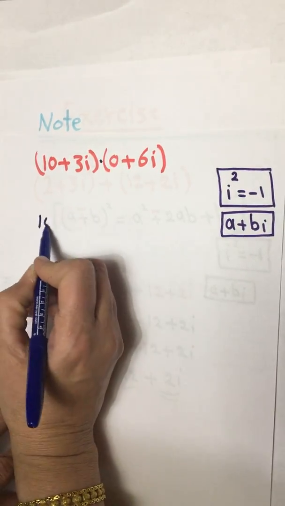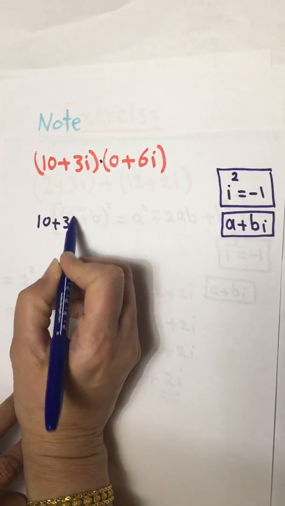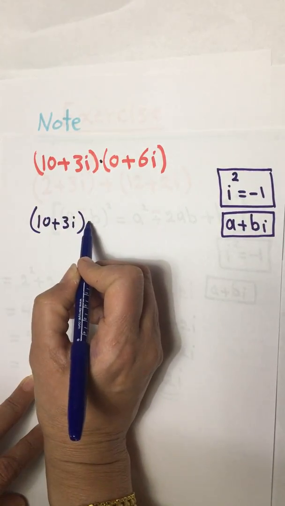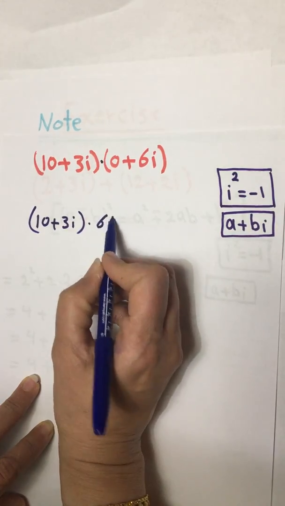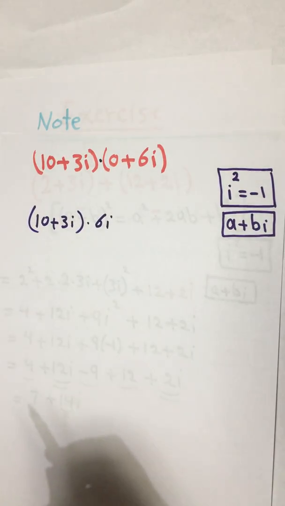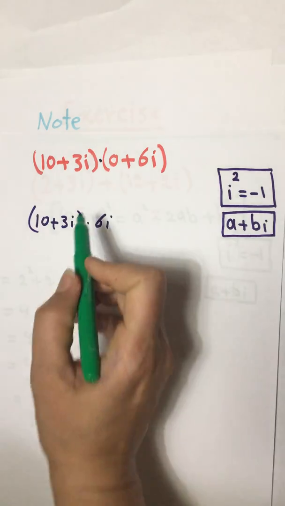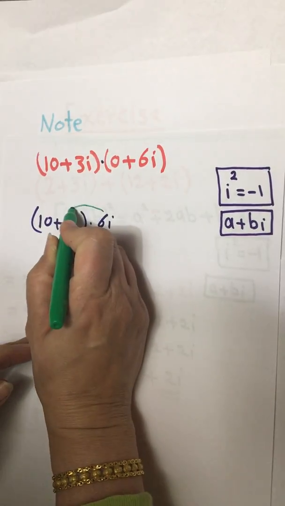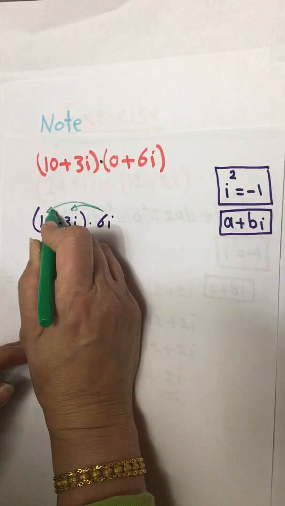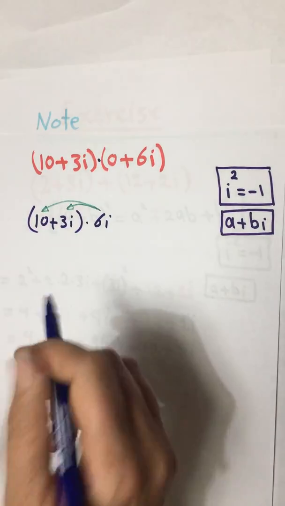So I have 10 plus 3I times 6I. Now I'm gonna distribute 6I by 3I and by 10. راح أوزعها.